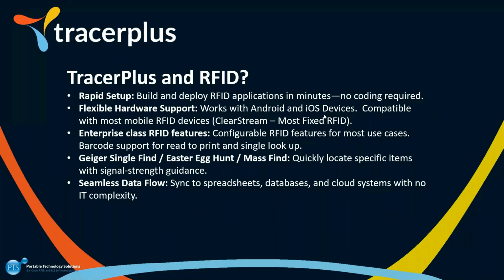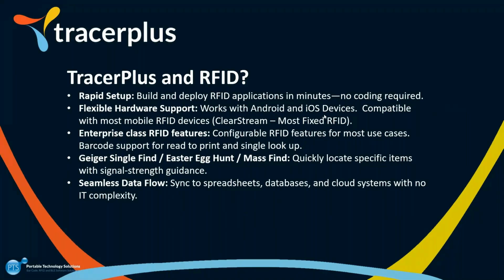So you have your Geiger use cases, you have your single find, your Easter egg hunt, or mass find. That enables you to quickly locate specific items with that signal strength guidance that we commonly refer to as Geiger. Like a Geiger counter back in the day, as you get closer to an item, it'll beep more frequently, and in some cases even louder.